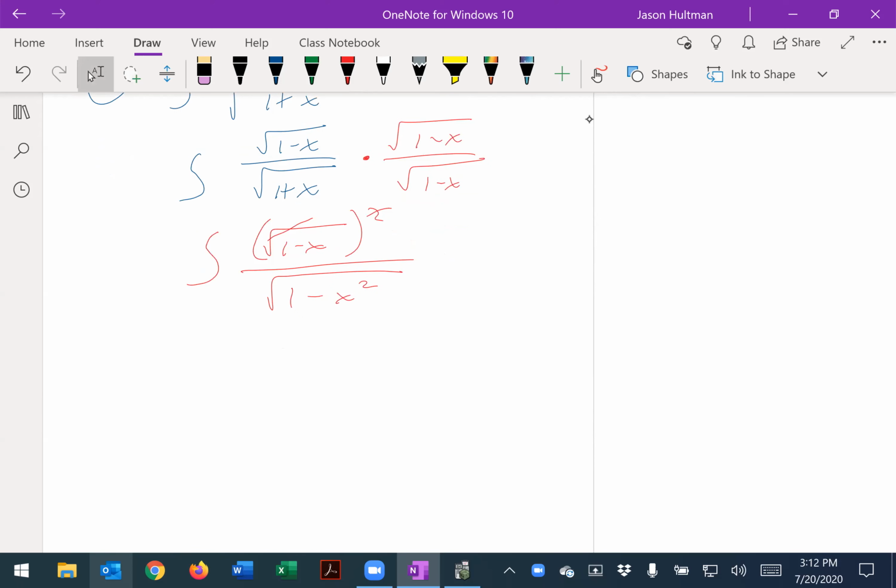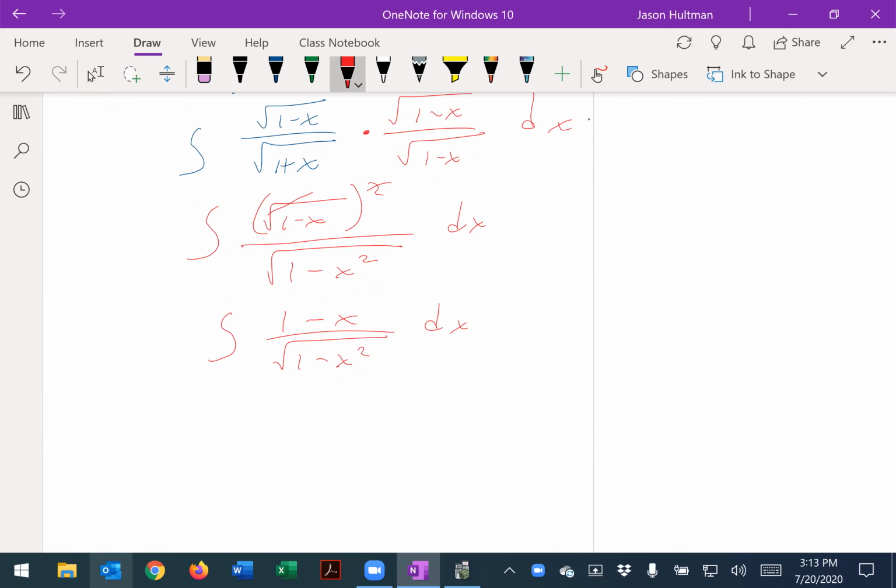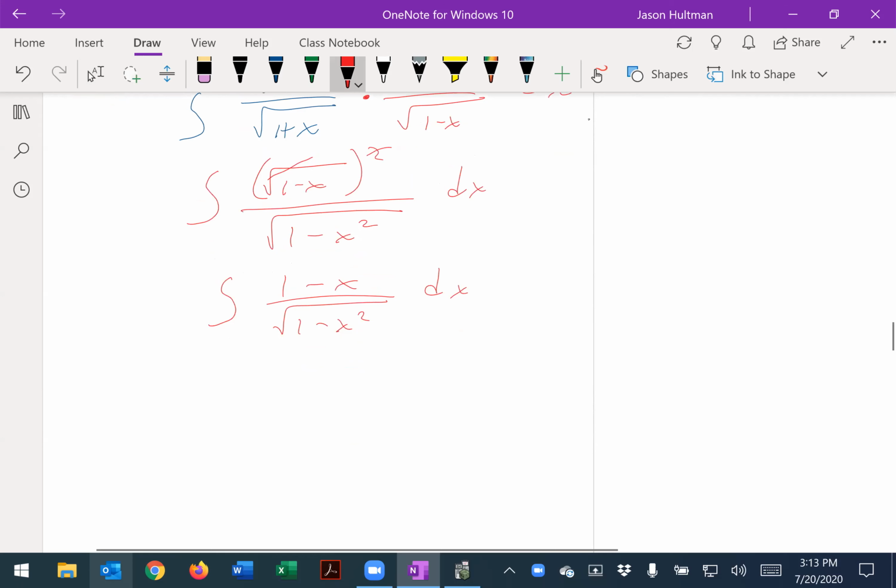So now this becomes the integral of 1 minus x all over the square root of 1 minus x squared. I'm dropping my dx's here, which I don't mean to do. So this is dx. Now I'm going to split this up into two separate integrals. So this is the integral of 1 over the square root of 1 minus x squared dx minus, maybe I'll do a minus here.